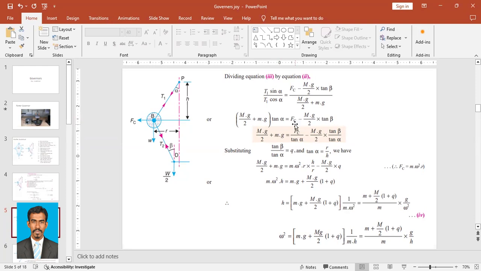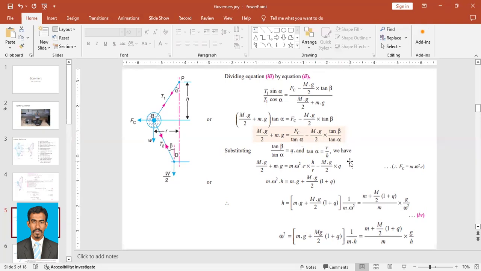Now we are dividing the complete equation by tan alpha, right? Why are we doing it? Because we have tan alpha on one side and tan beta on the other side. We are trying to bring them to one side and give it a small name or term so that we can solve it, or else we have to carry this tan alpha tan beta thing throughout the equation.